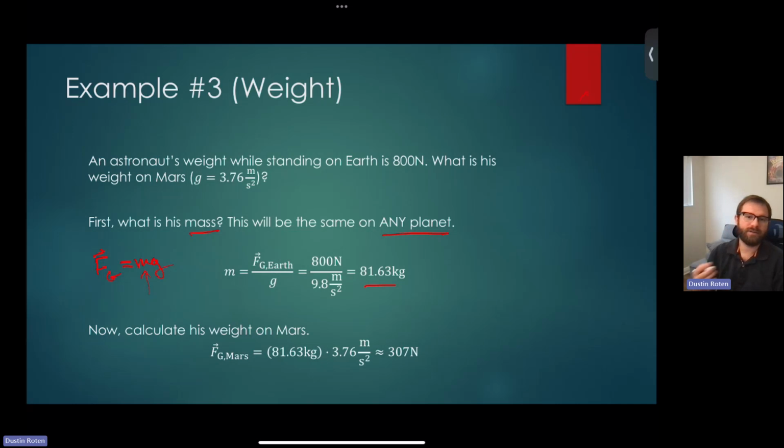Now we can just use the same equation again and calculate his weight on Mars. So this is just F equals mg. But notice we're going to use his mass as calculated from Earth multiplied by the acceleration he would feel on Mars. And it turns out his weight's going to be 307 newtons. So it's cut by over half if he goes to Mars.